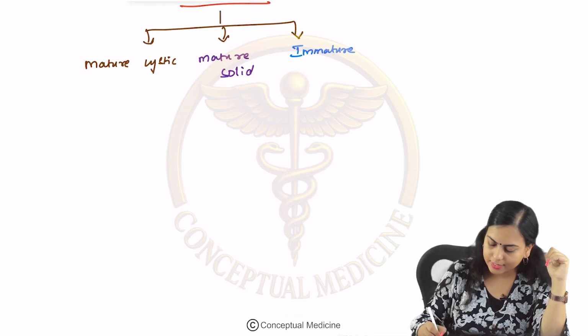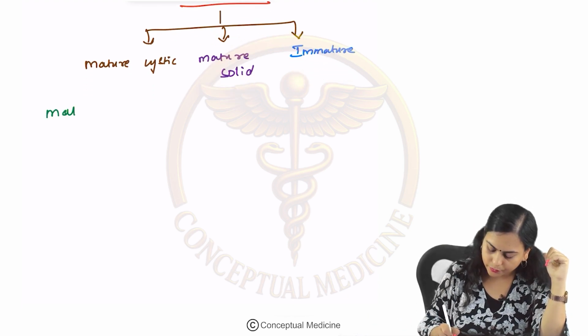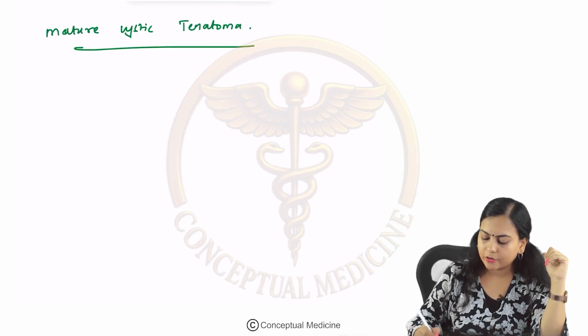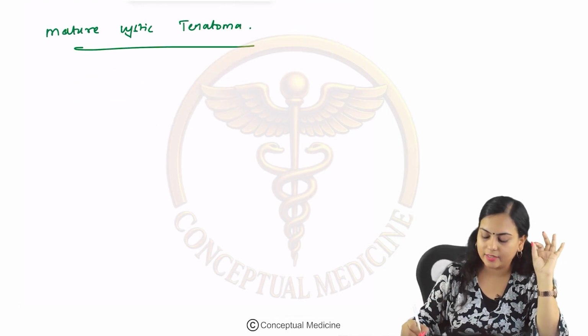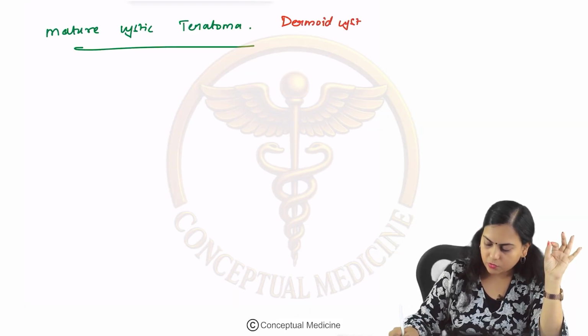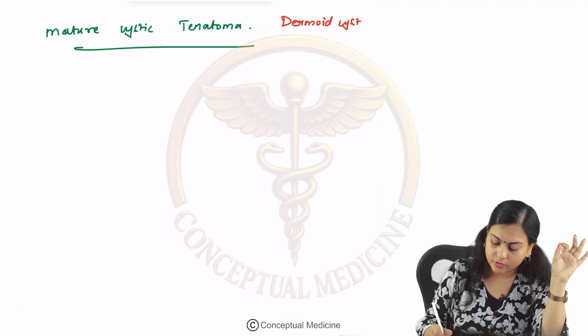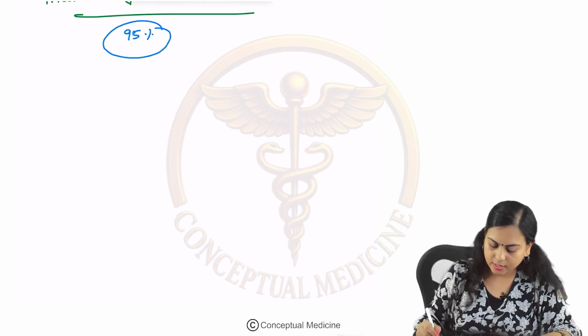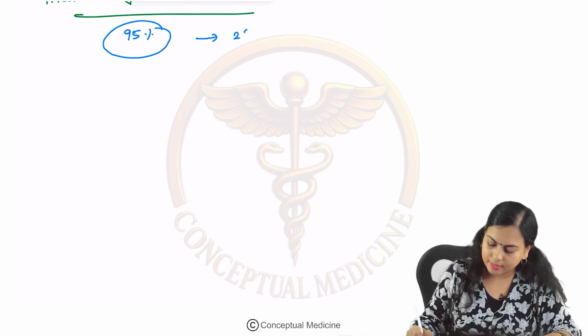So let's discuss mature cystic teratoma. This mature cystic teratoma is nothing but your dermoid cyst. As I told you already, this constitutes about 95% of all the germ cell tumors, and it is most commonly seen in the second or third decade of life.